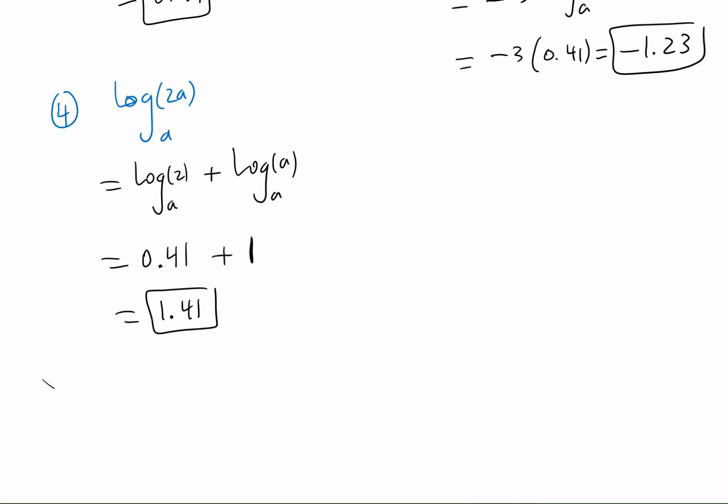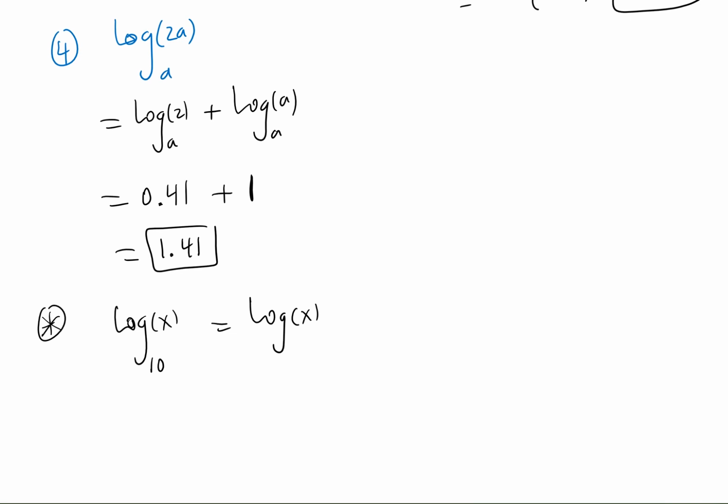So other things to learn, always for log x base 10 automatically means log x. So log x means base 10. And we have a special kind of log. If we take log x base e, e is the exponential number, 2.7 from the previous section.